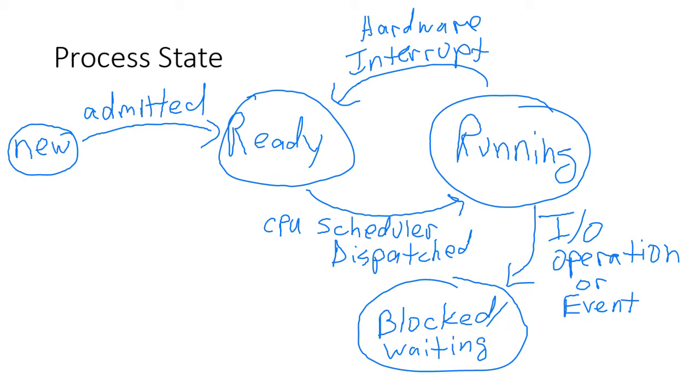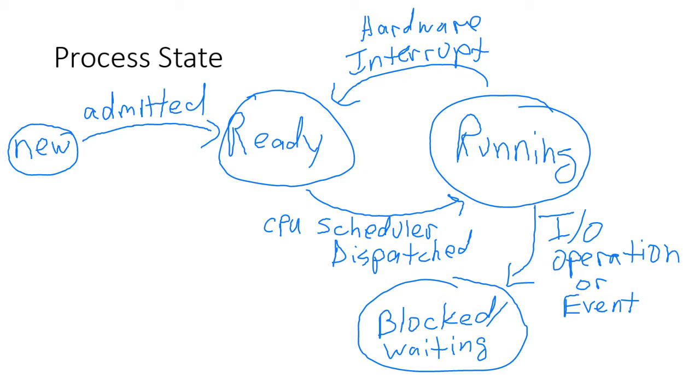It still needs to issue that call, and then the operating system, when an event occurs or when an I/O operation completes, will make sure the process is no longer in the blocked or waiting state.